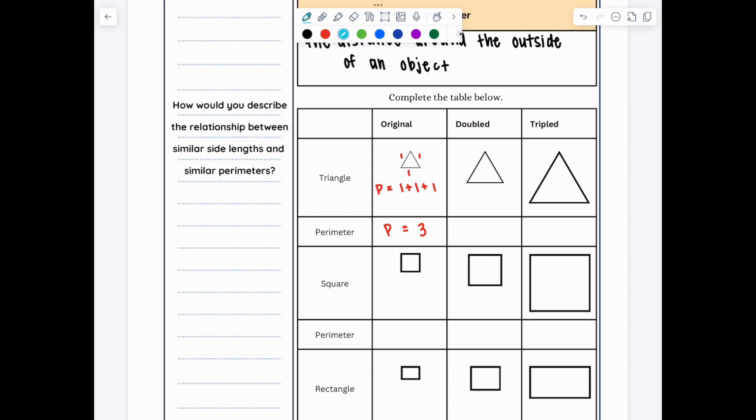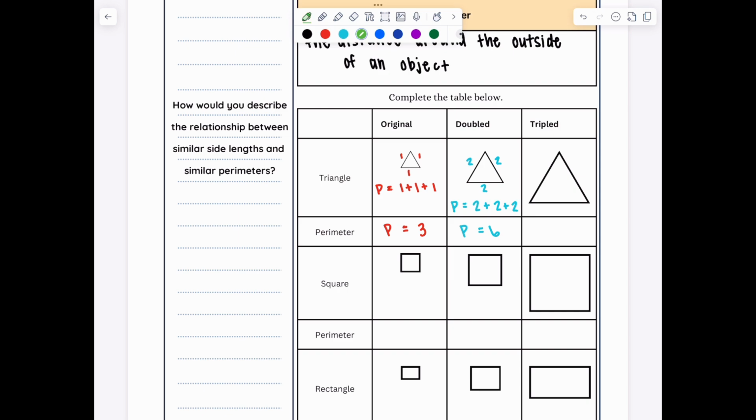The question you're being asked today is about what if we scale that same triangle? So what if we double the triangle so that now instead of being a triangle where all 3 sides have a side length of 1, now all 3 sides have a side length of 2. So we've doubled the side length, and you'll notice that 2 plus 2 is 4, plus 2 is 6.